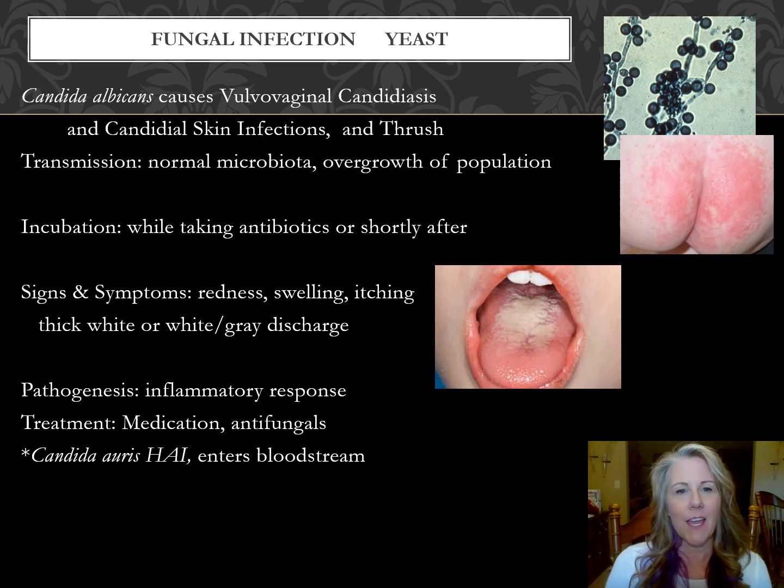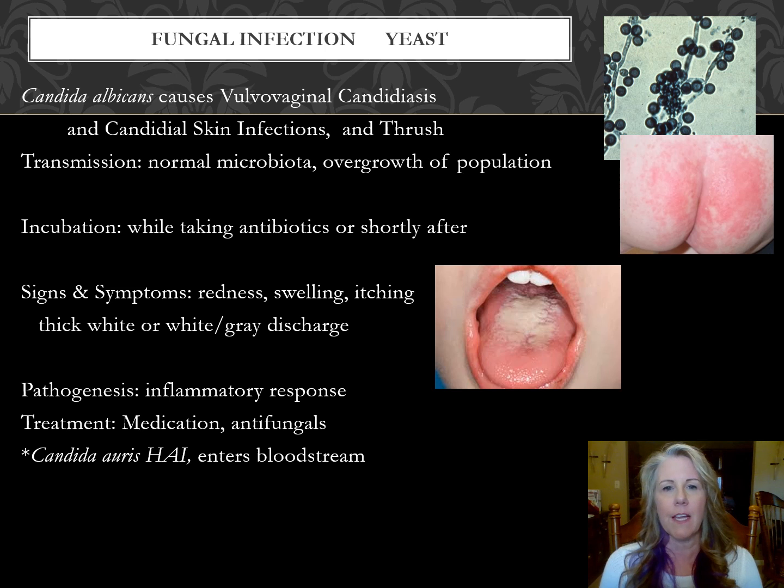So Candida albicans causes vulvovaginal candidiasis, another mouthful. It can also cause what we call candidal skin infections, and in the mouth, thrush. So transmission. Now this one's different because Candida albicans is a normal part of your normal microbiota. We've talked about this one before.